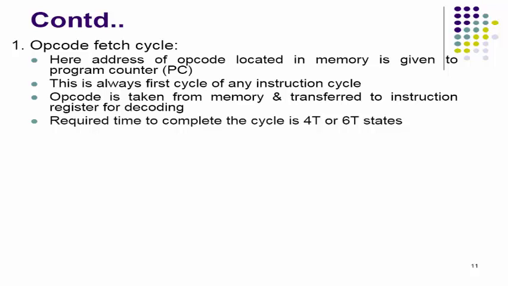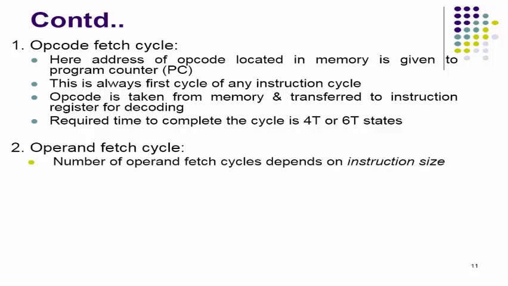In this cycle the opcode is taken from the memory and transferred to the instruction register for decoding. The time required to complete the opcode fetch machine cycle is 4 T states or 6 T states, that is 4 clock cycles to 6 clock cycles depending on the instruction.